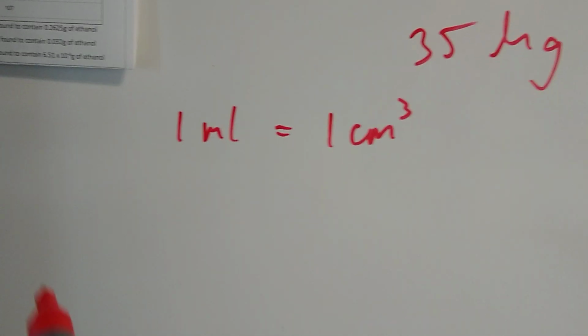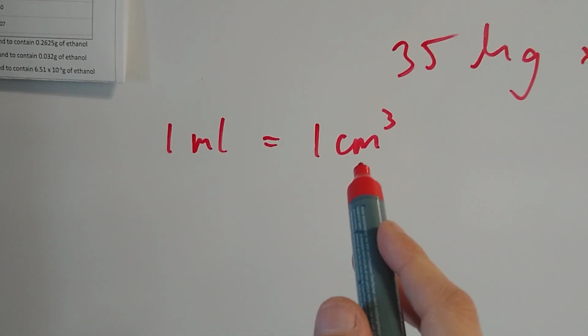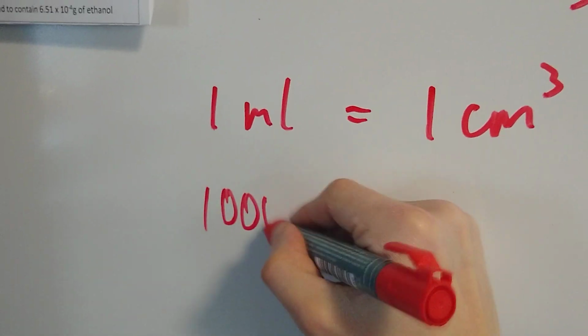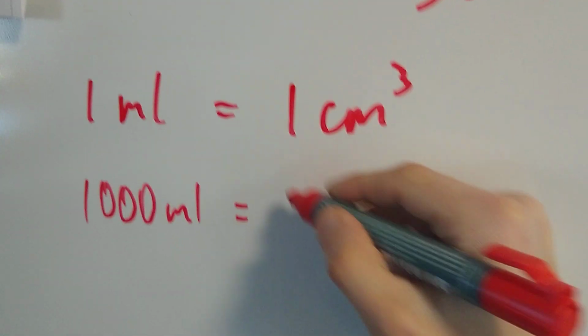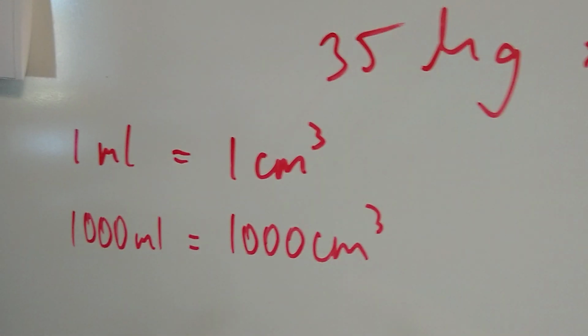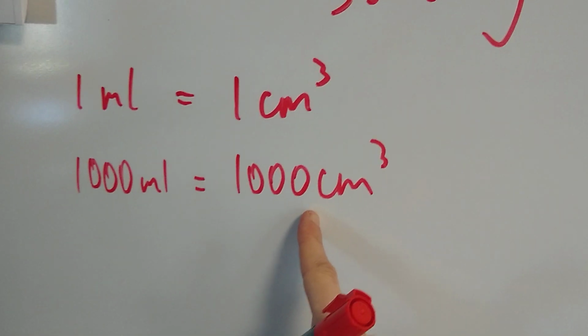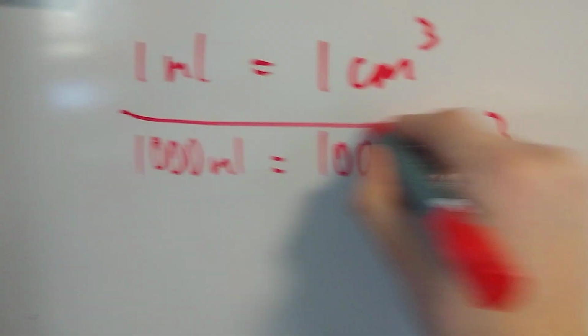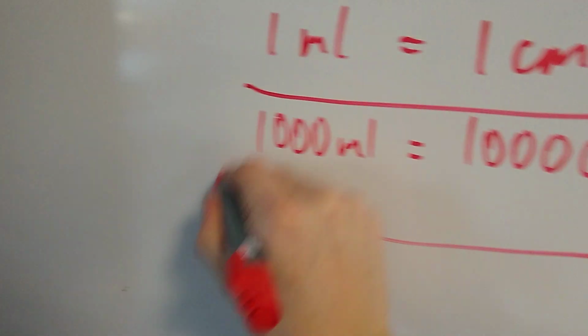So if we're looking at 1,000 milliliters, that's 1,000 cubic centimeters. So we could put that down here as well. 1,000 milliliters is 1,000 cubic centimeters, and that should look very familiar to something we've already seen. That is in fact equal to 1 decimeter cubed.